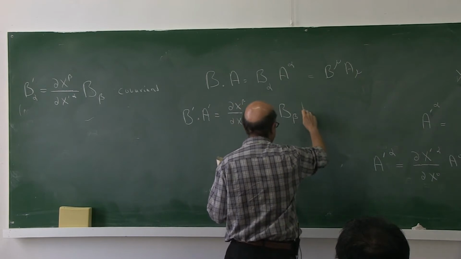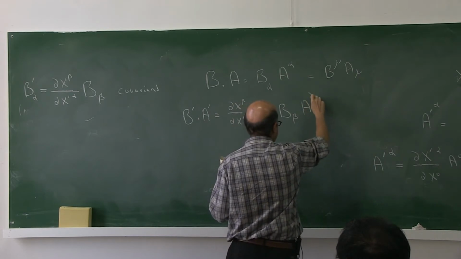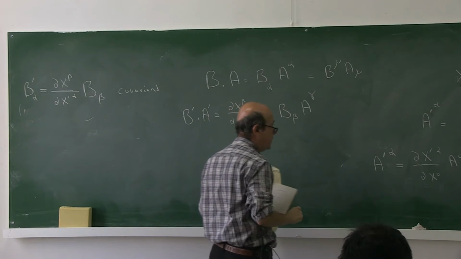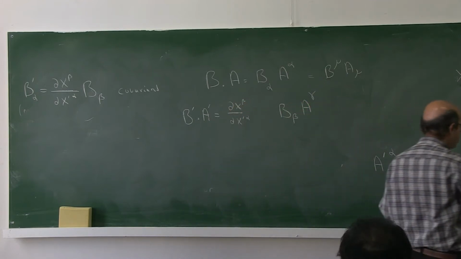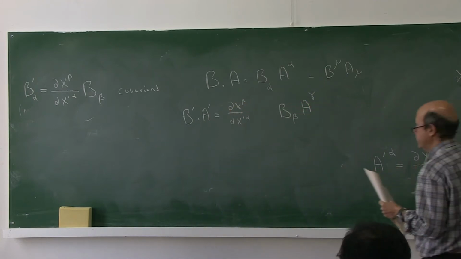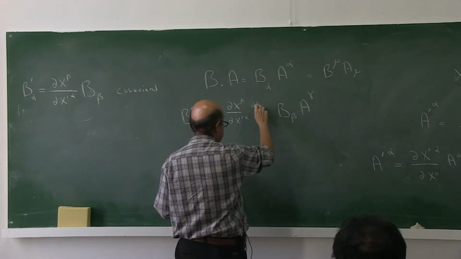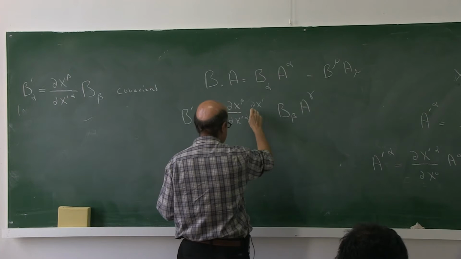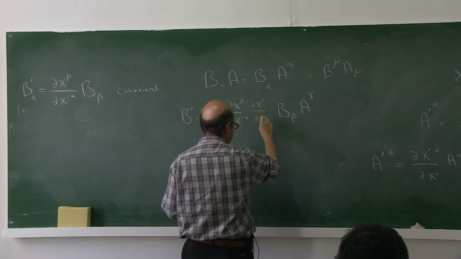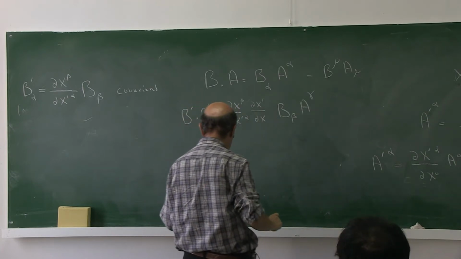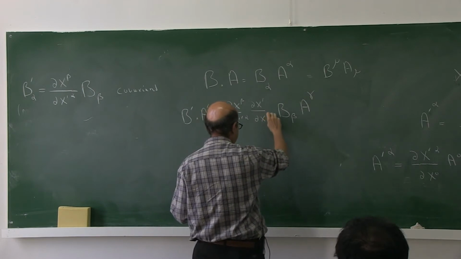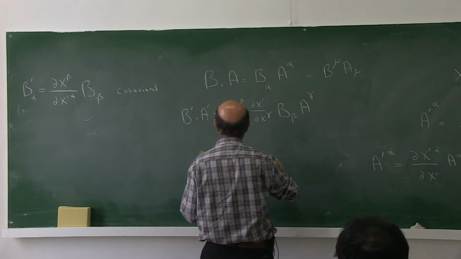Say another gamma, make a contravariant transformation, del x prime over del x. What is the summation index? Gamma. What is the free index?